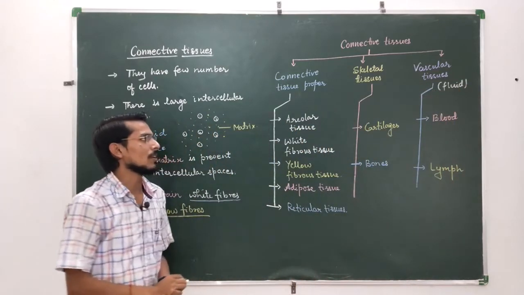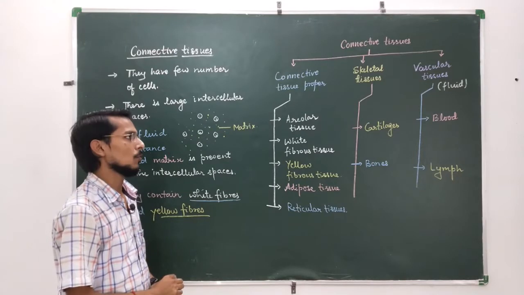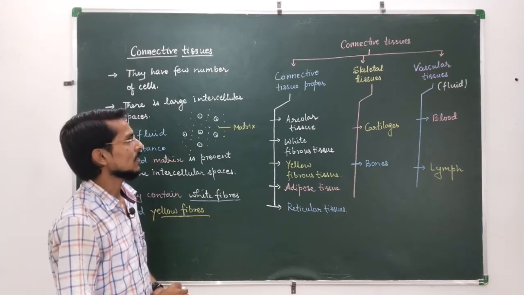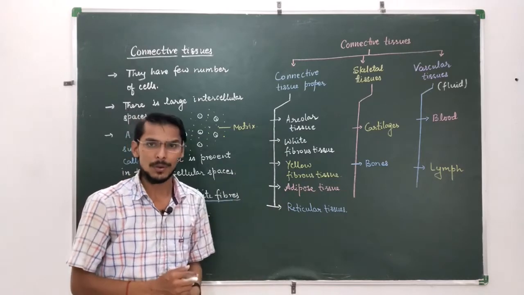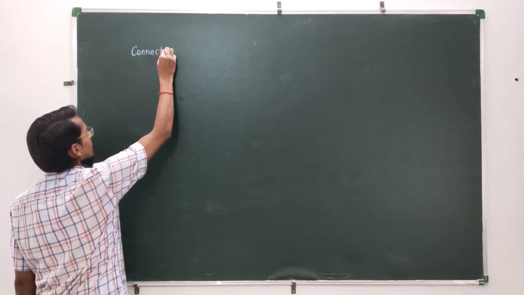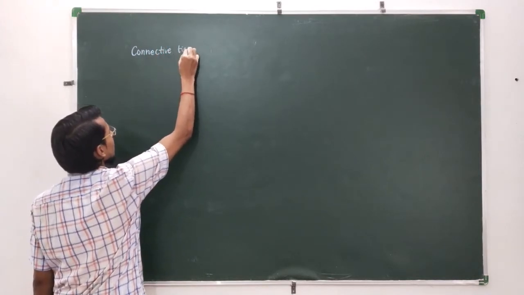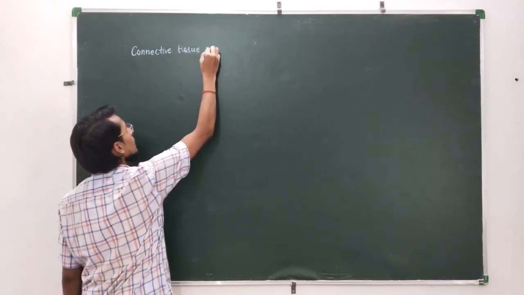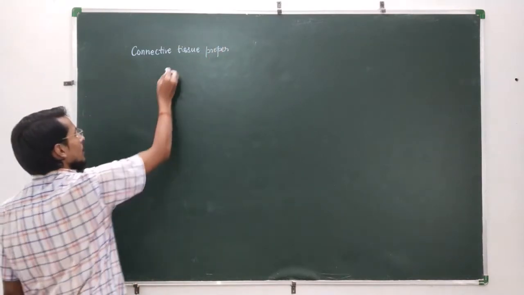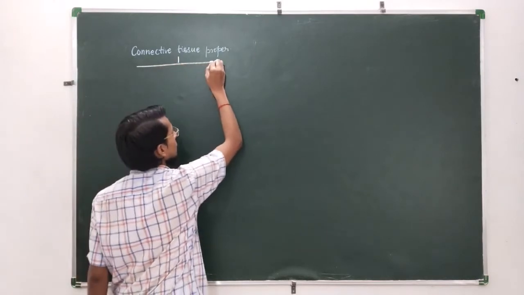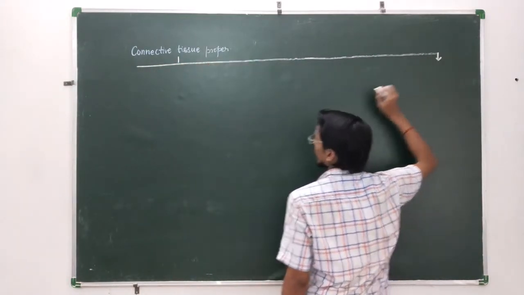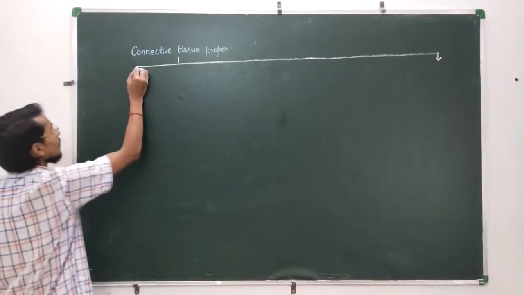So we will discuss one by one about these tissues, and we can know further information about these tissues. Okay. But let us start with the connective tissue proper. It is classified into 5 types. We will discuss each type individually.